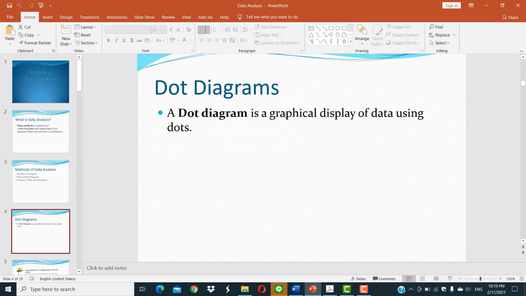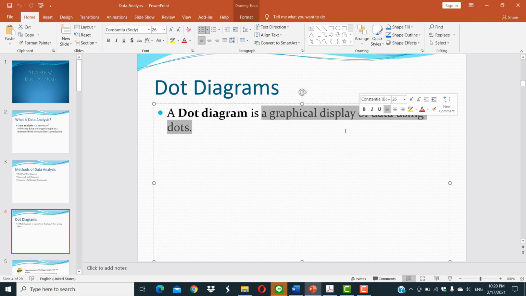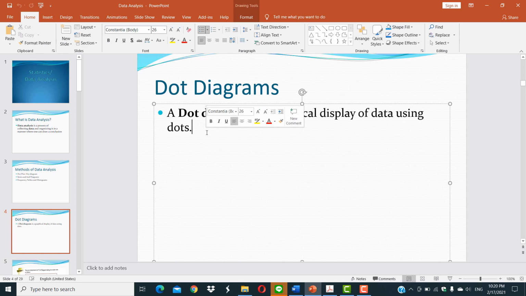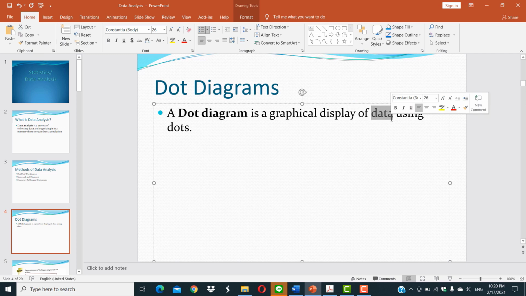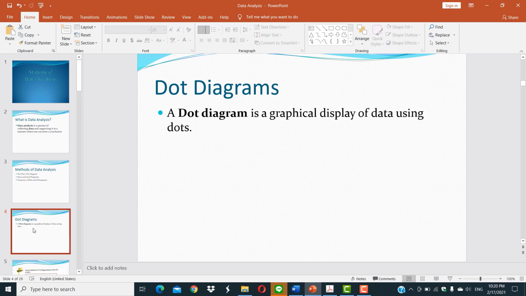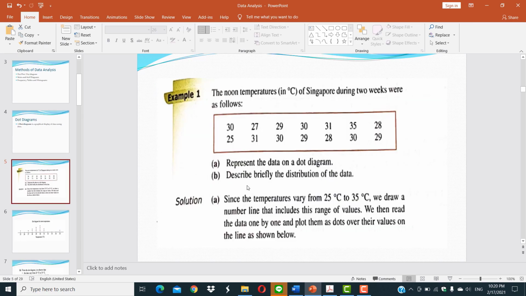A dot diagram is a graphical display of data using dots. The dot is this. Now see the example.